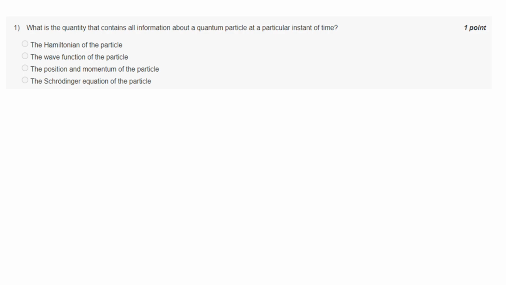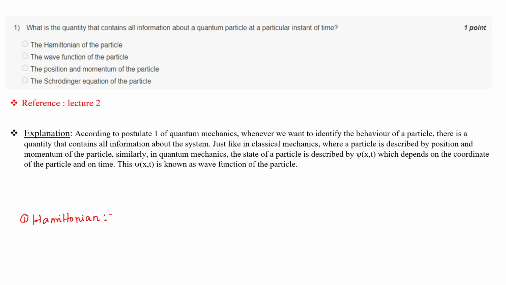By which symbol? Okay, so Hamiltonian in quantum mechanics is actually described by H with a cap. Okay, so it is just the energy operator.